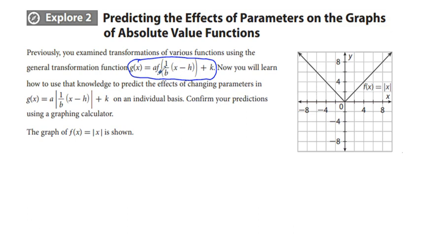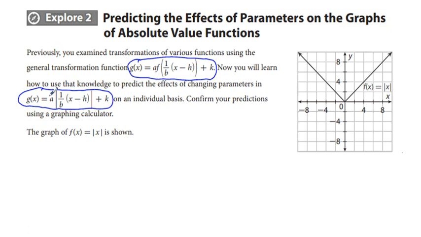And we covered some of this when we looked at graphical transformations. A more specific application is this one here that I've circled: g of x equals a times the absolute value of 1 over b times the quantity x minus h, and at the end plus k.